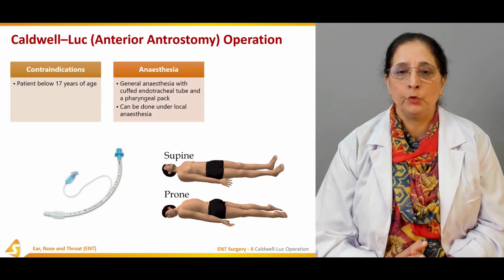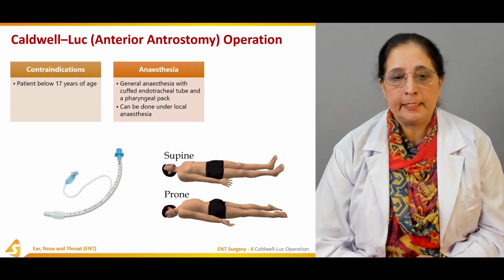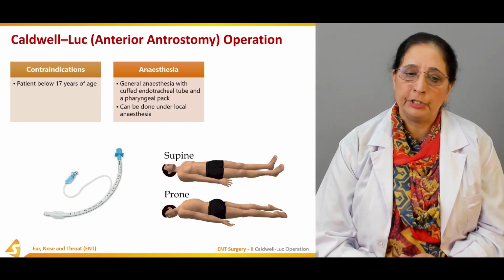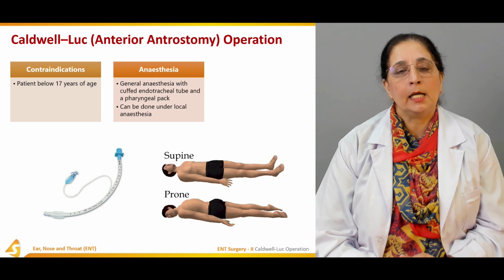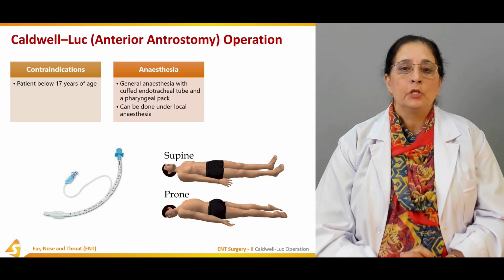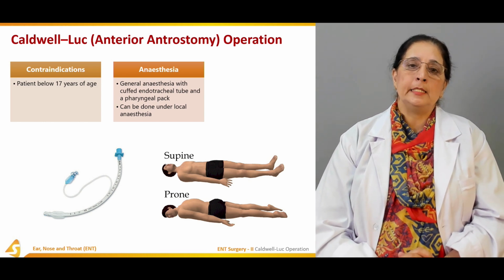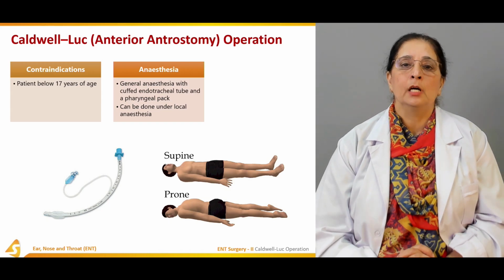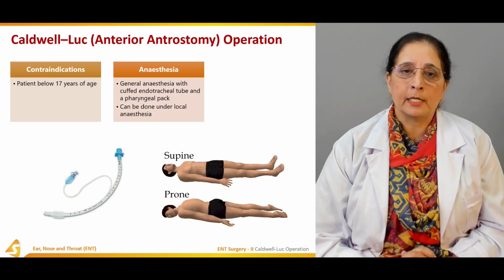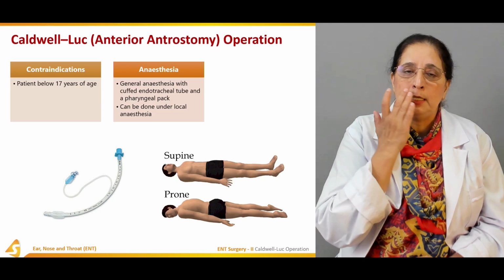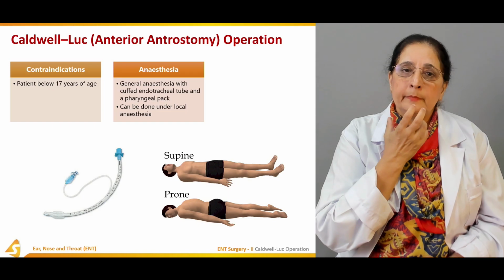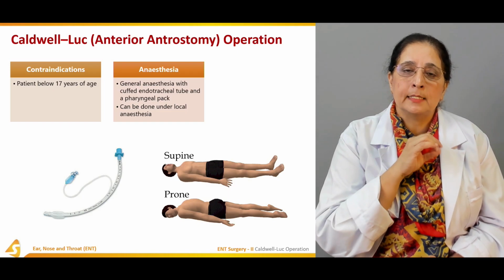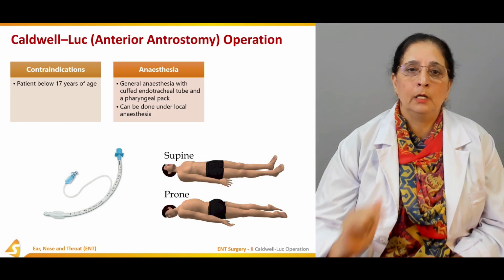Anesthesia which can be used: general anesthesia with a cuffed endotracheal tube and pharyngeal pack, or it can be done under local anesthesia. So both types of anesthesia, general and local, can be used for this procedure, in which the anterior hole is made in the antrum of the maxillary sinus by the sublabial route.